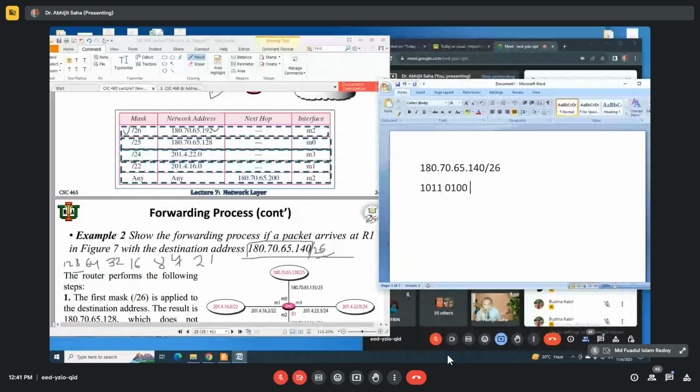Then the second one is going to be your 70, right? So find out that this is the 64 and you need 6. So it is going to be 0, 1, 0, 0, then 0, 1, 1, 0. Is it correct? 64 and 6, yes, 70. Then we have 65. 65 means 0, 1, 0, 0, and then 0, 0, 0, 1.